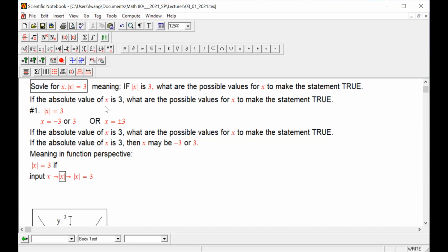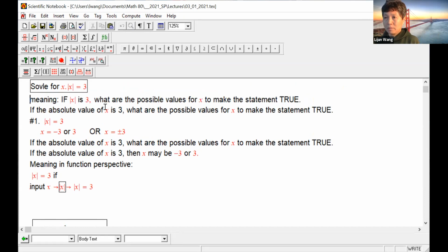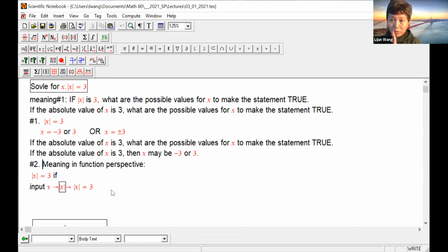That's right. That's the meaning. I'm going to call this meaning number 1. They all agree with each other. Actually, I have a meaning number 3 to share with you.